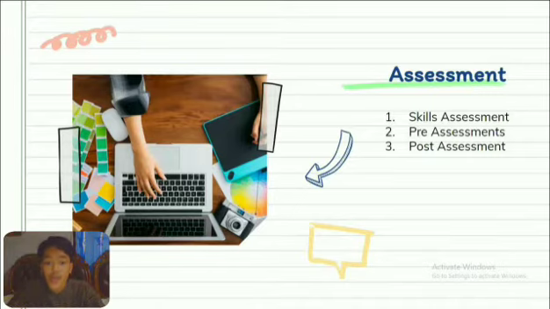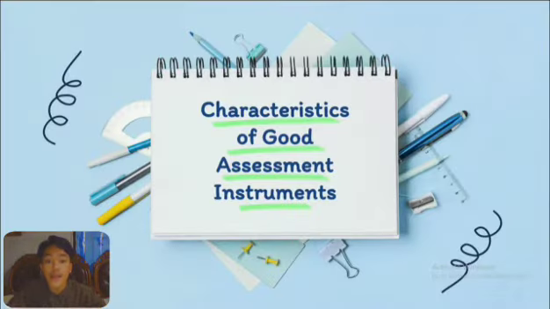Ideally, a post-assessment will assess whether the learner can achieve both the enabling objectives and the terminal objective of a lesson. Although tests that assess both enabling and terminal objectives can be time-consuming to write, they provide a great deal of useful information. Next, characteristics of a good assessment instrument.